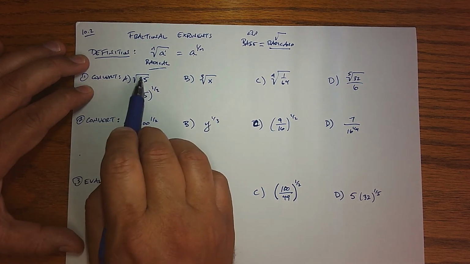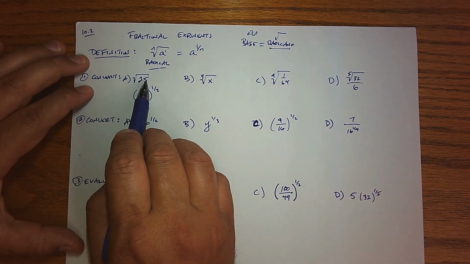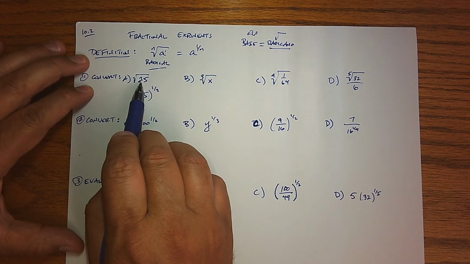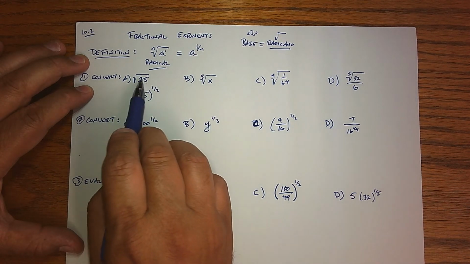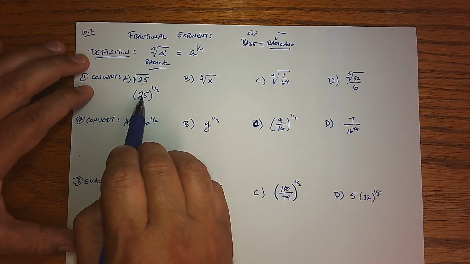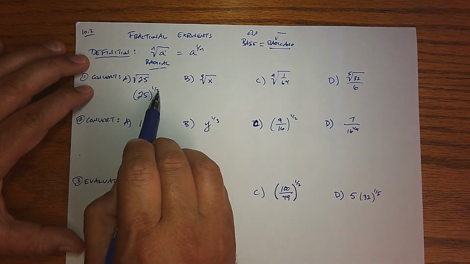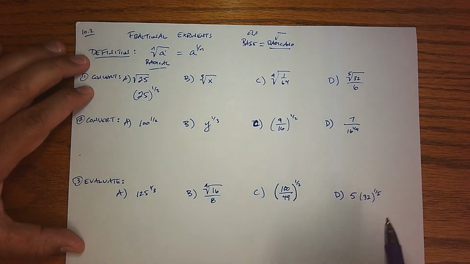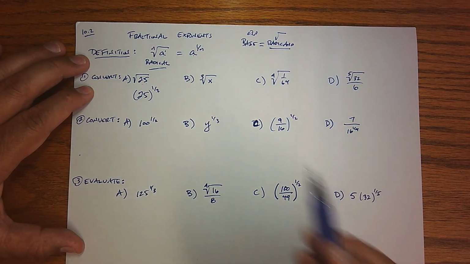So again, whatever the radicand is inside of here, it's being raised to the first power, and the index is 2. So the radicand becomes the base of the exponent. The 2 becomes the denominator, and then our power is 1. So 25 to the 1/2 power. That's another way to write that.